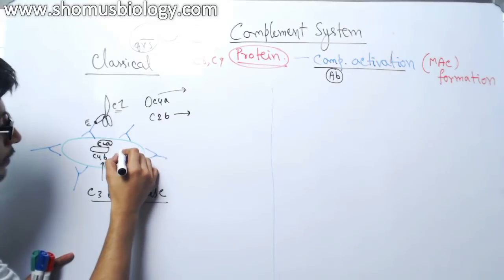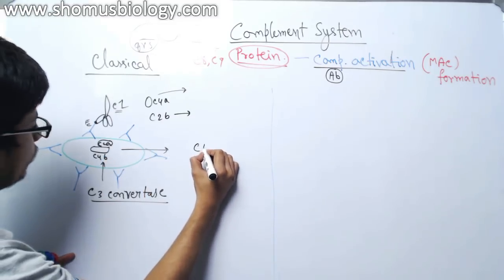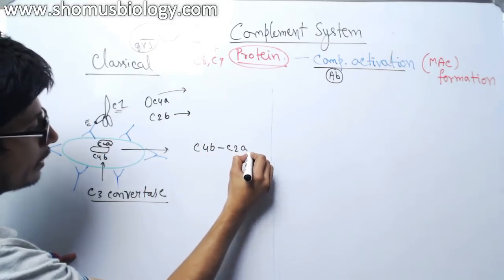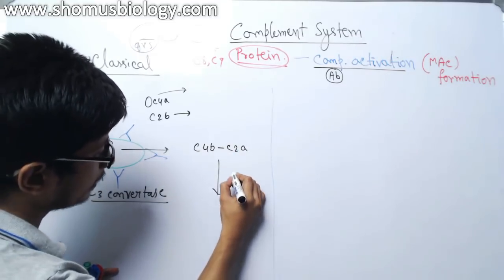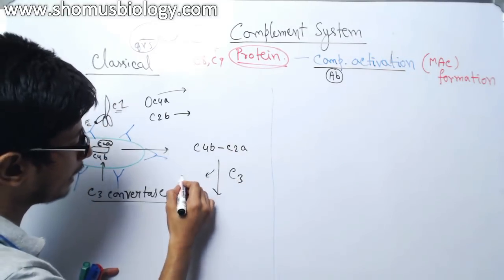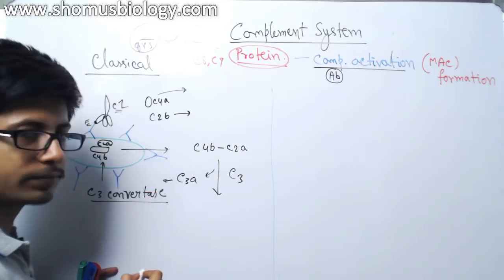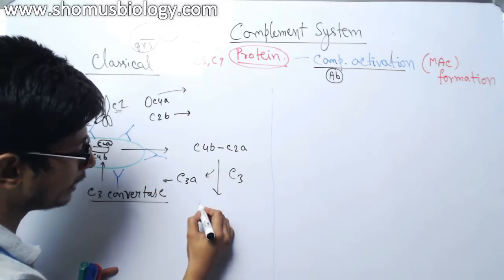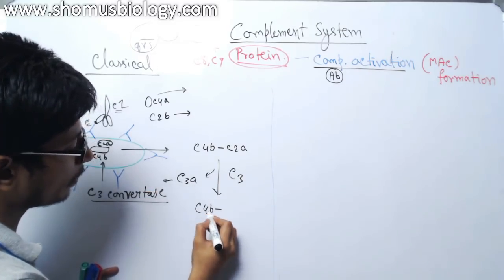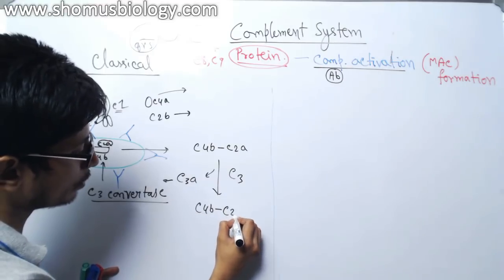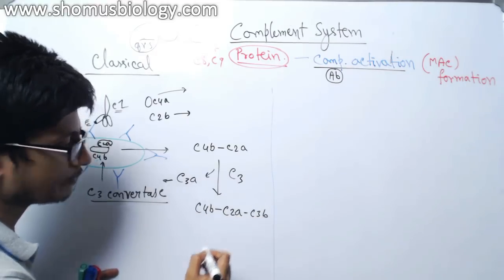C3 comes along, C3a is released, and C3b is now present. So now we have a complex of C4b, C2a and C3b.